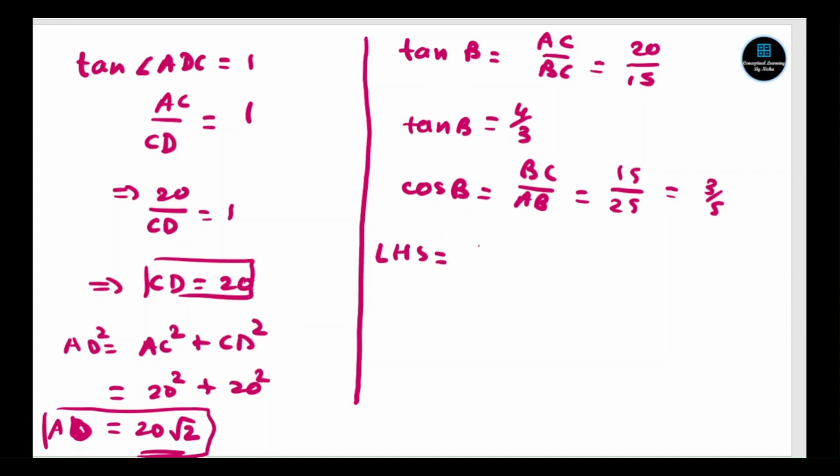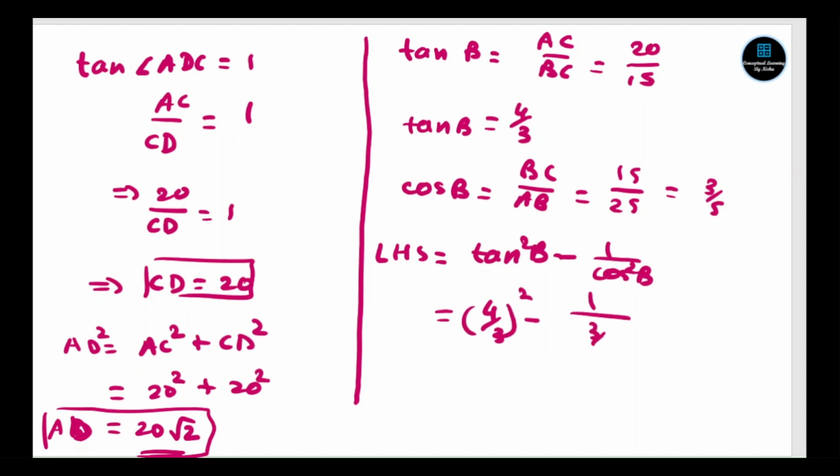LHS is nothing but tan square B minus 1 over cos square B. And now I'll substitute the values to find the value. So tan square B is 4 over 3 square minus 1 upon 3 upon 5 square.